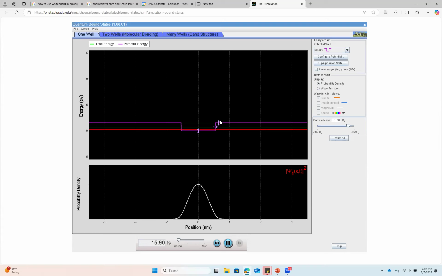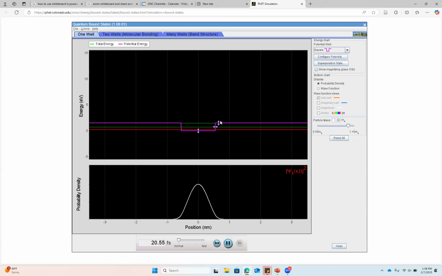So the moment you go outside, your alpha indicates how fast the wave function attenuates. So if V minus E is very high, your alpha is going to be also very high. If alpha is very high, this means with this exponential function, it's going to decay very fast. Okay.